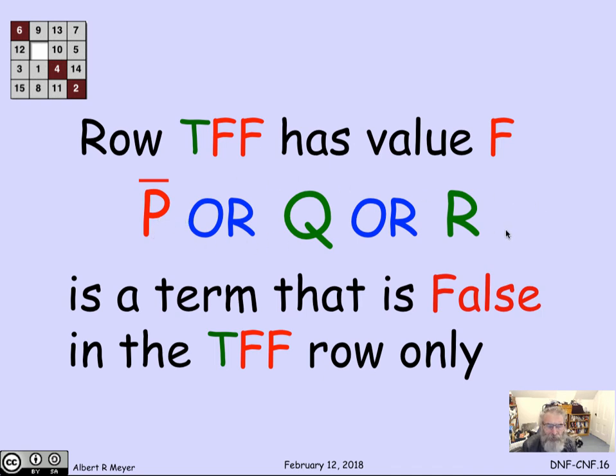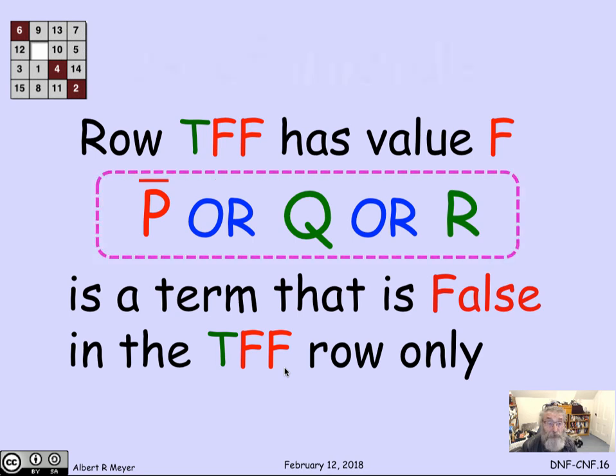This OR term has the property that it's false exactly in this TFF assignment. That is, in order for this OR to be false, all three of the terms have to be false. If any one of them was true, the whole thing would be true. So it's forcing not P to be false, which means P is true, and it's forcing Q to be false, and R is false. And this then is a term that's false exactly in this row, under this assignment. In all other truth assignments for the three variables, it comes out true.